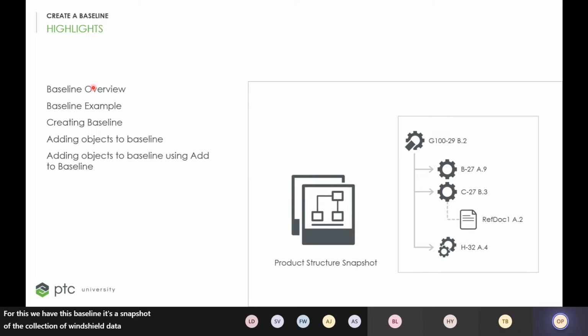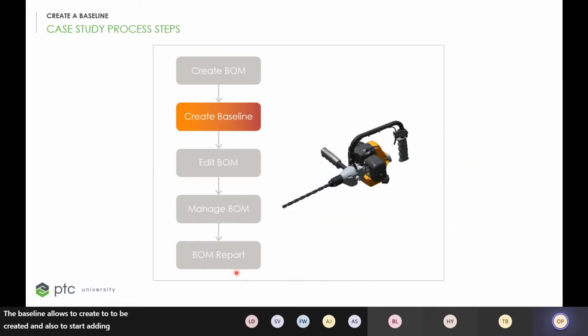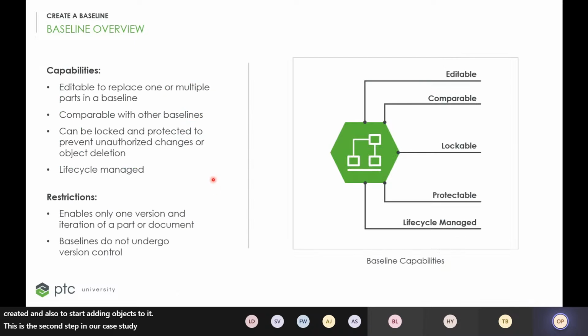It could be parts, it could be documentation, for example, which allows us to have, in the future, a preview of this specific moment in time and how our product structure looks right now. A baseline can be created and also objects can be added to it. This is the second step in our case study. Baseline overview, the capabilities. It's editable to replace one or multiple parts.